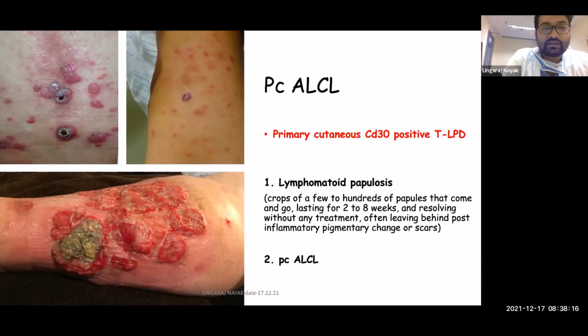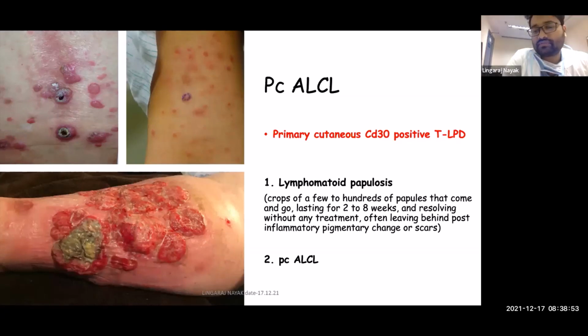It can have involvement of nodes as well, but very few patients will have that. Most commonly, the involvement is limited to the skin. Now, there is another disease called lymphomatoid papulosis, which mimics primary cutaneous ALCL very closely in terms of the morphology of skin lesions as well as biopsies. Important thing is that primary cutaneous ALCL are ALK negative. So that is the problem in differentiating between these entities, which are similar in presentation to lymphomatoid papulosis.